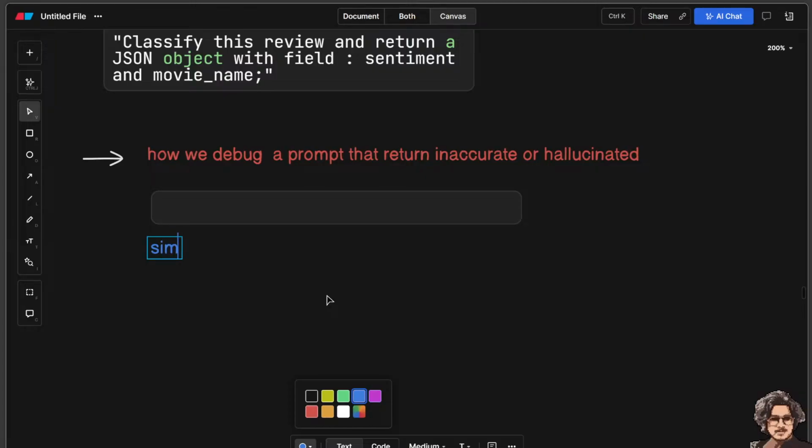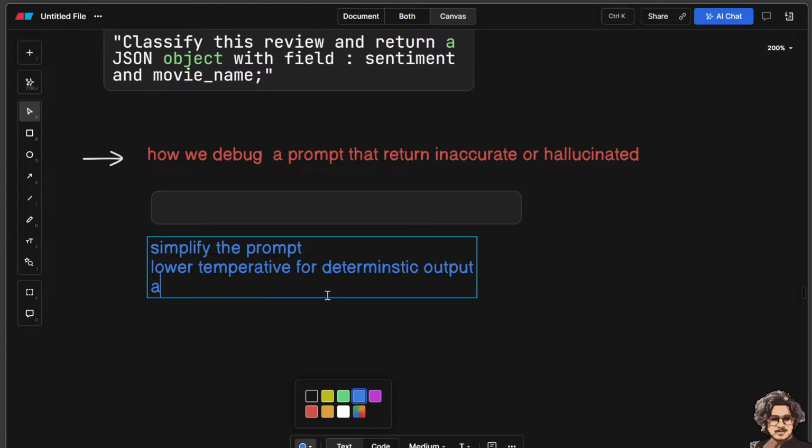Lower the temperature: a higher temperature means more creative, more experimental output, so lower the temperature for a deterministic output.